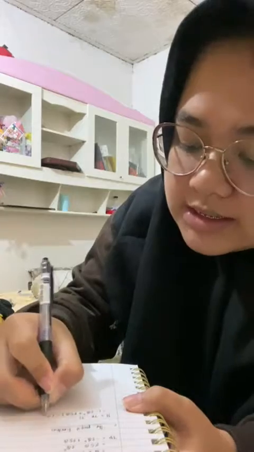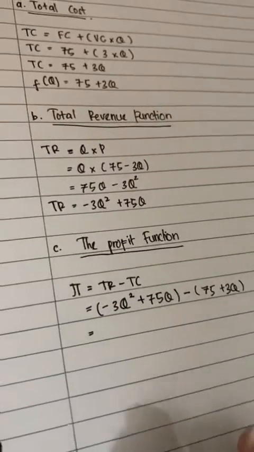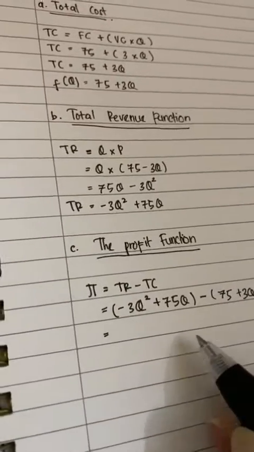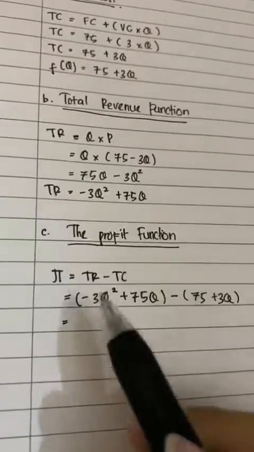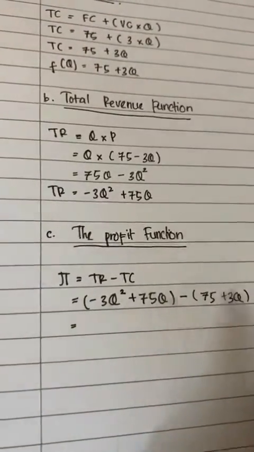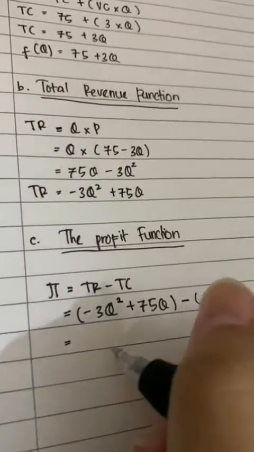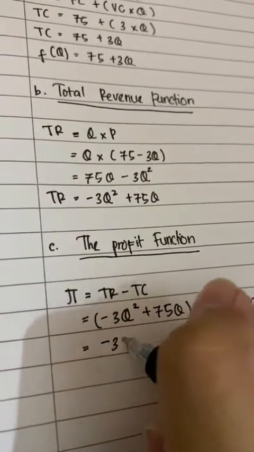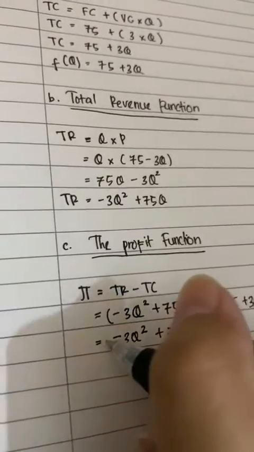The TC is the total cost, 75 plus 3q. So the profit function like this, we are going to multiply one by one.